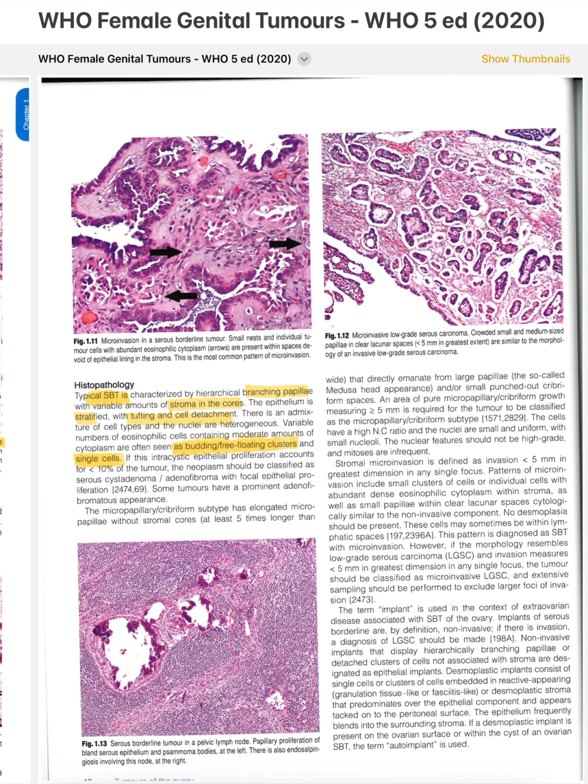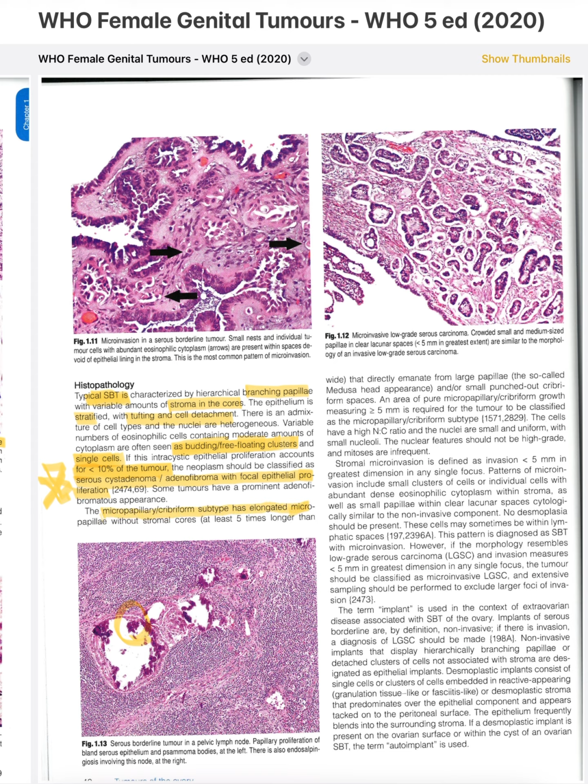If intracystic epithelial proliferation accounts for less than 10% of the tumor, the neoplasm should be classified as serous cystadenoma or adenofibroma with focal epithelial proliferation, and not borderline. Borderline will have more than 10%.